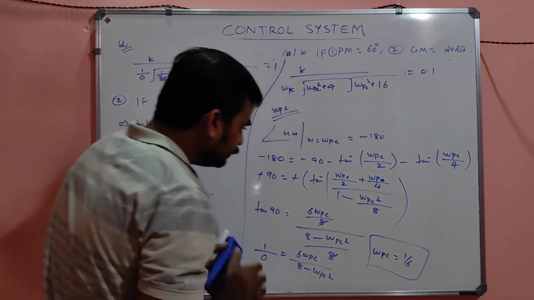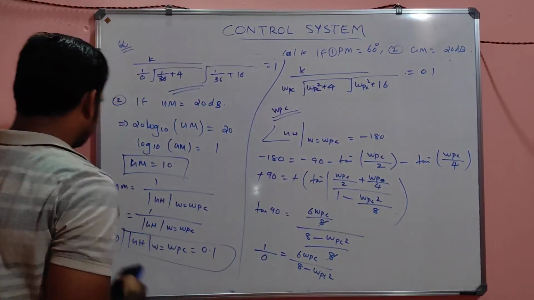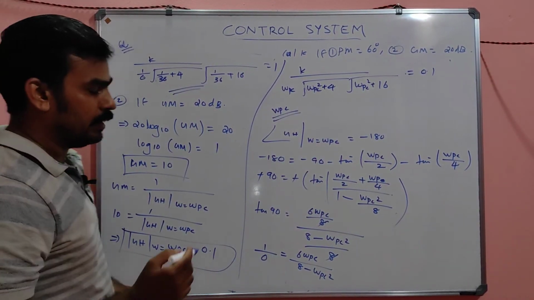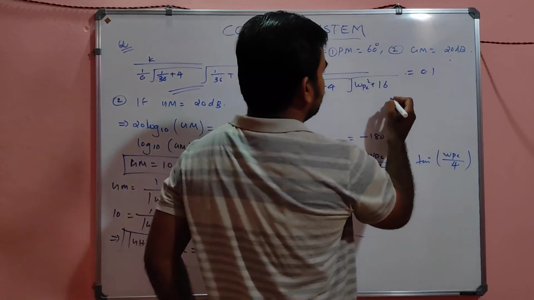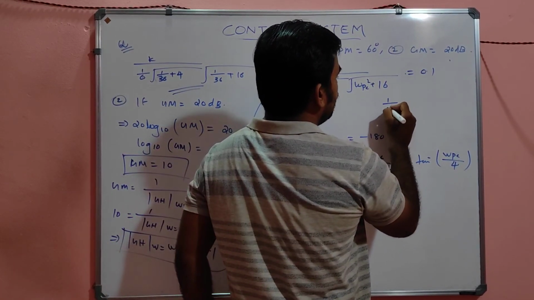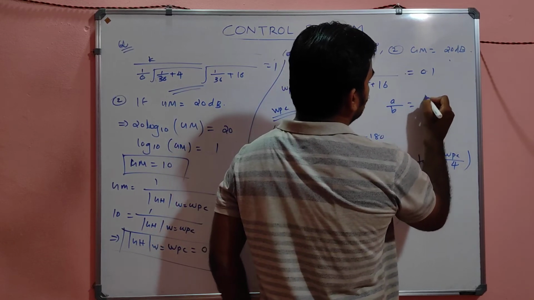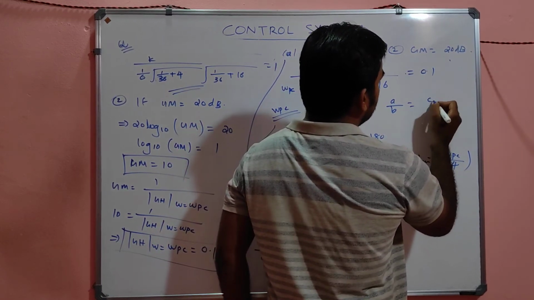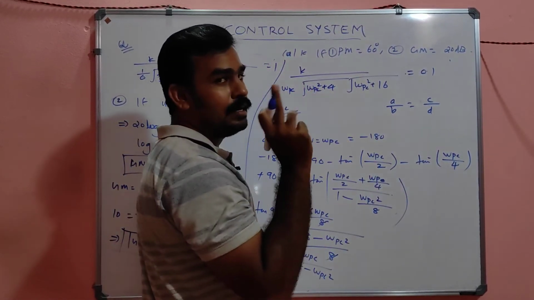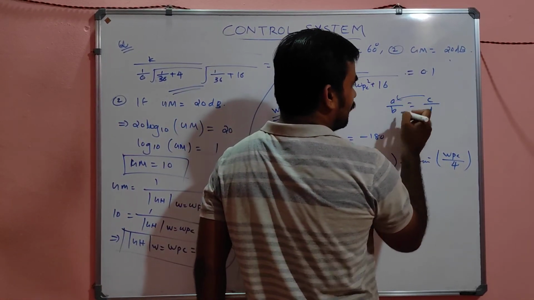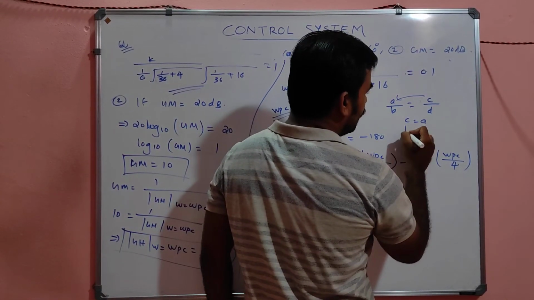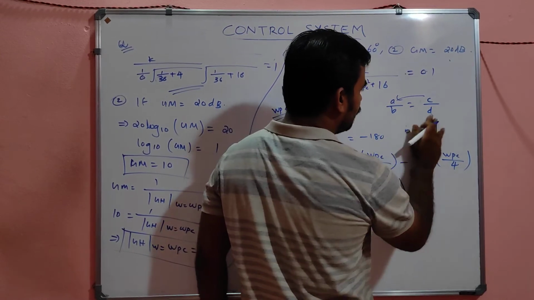Just a minute, my dear. If you have A by B equal to C by D, you can't take C equal to A and B equal to D. It's wrong.